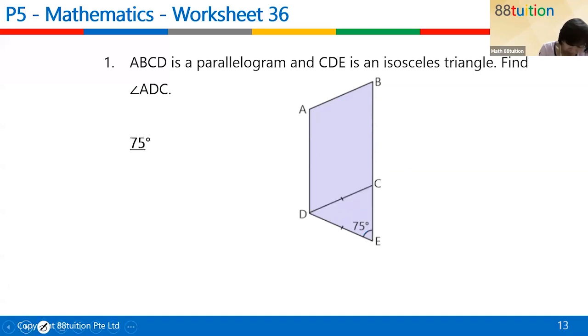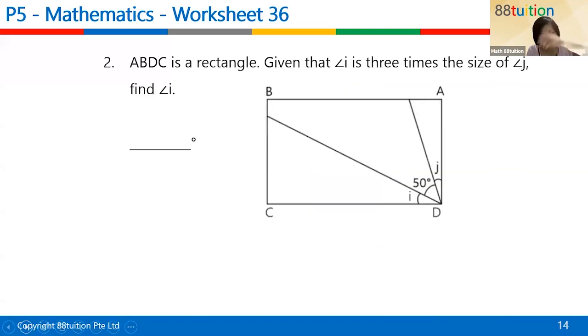Number two, ABCD is a rectangle and angle I is three times. This is one time. So 50 degrees plus 4 units must give you 90 degrees. Why 90? Because this is the corner of the rectangle that gives 90 degrees.